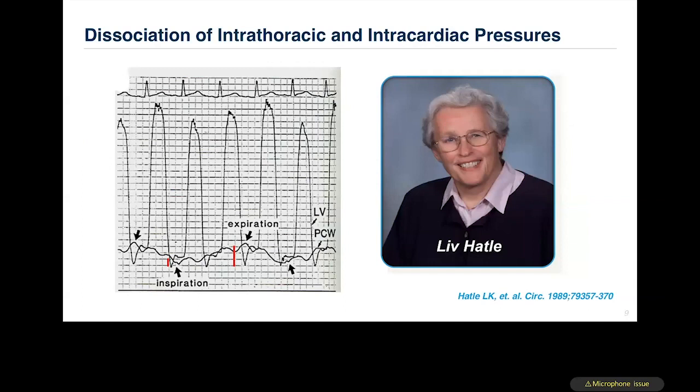And here are some of the typical findings that you see. You have the pulmonary capillary wedge pressure that is recorded, and you have the LV pressure. Now look what is happening during the phase of inspiration. The pulmonary capillary wedge pressure, which is the intrathoracic compartment, is falling down.